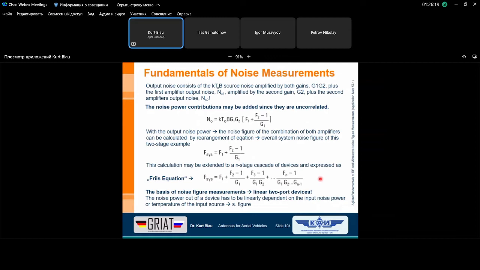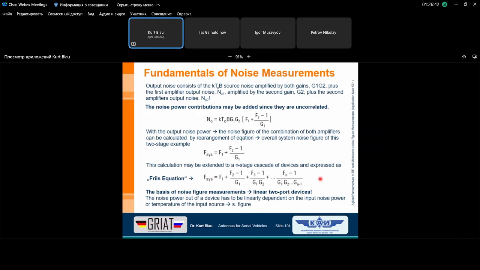Only for explanation, a band filter, a selective device, has losses in such a way that if the filter is very small in its bandwidth, the smaller the filter, the higher the so-called insertion loss or its internal loss.